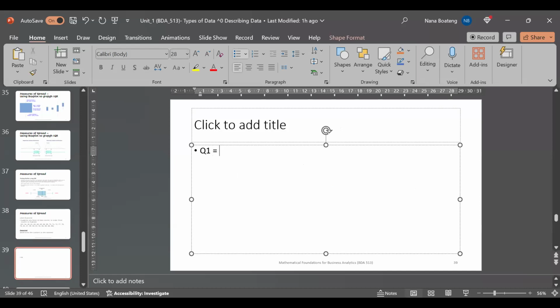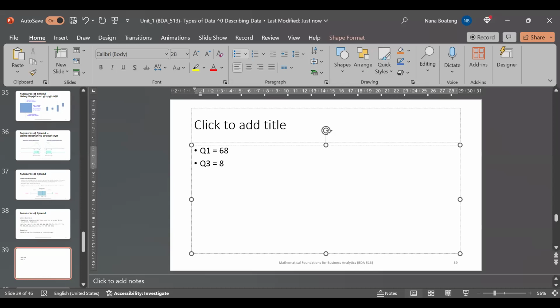The first quartile, you know how to work the 25th percentile, isn't it? So we don't need to go through that. Do you understand how we work that? Okay. What figure did we get? I think we got 68, is it not? And then the third quartile, I think we got 89.